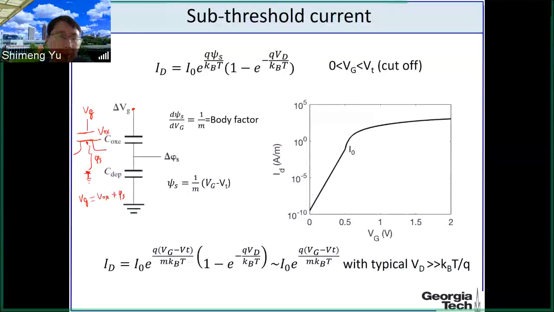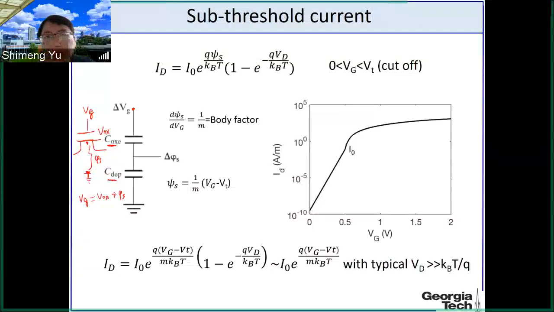So we want to know the change of the phi s with respect to the change of the gate voltage, and actually it's a voltage divider between two capacitances. One is the COX, that is the gate oxide capacitance. The other one is the C depletion of the silicon.